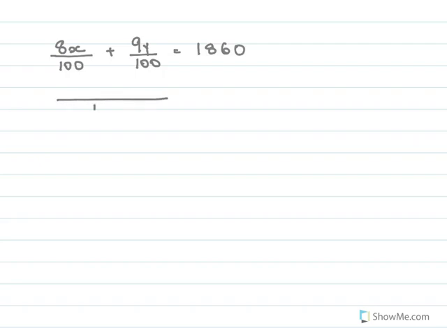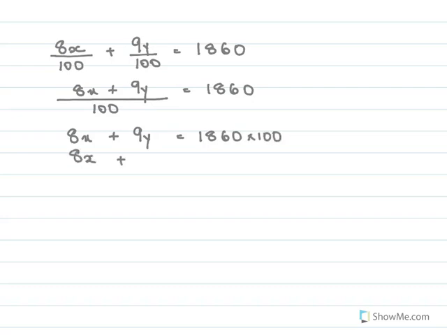So we take the LCM, which is 100, and take the 100 to the other side, 1860 into 100, so 8x plus 9y equals 186,000. This I'll write as equation 1.